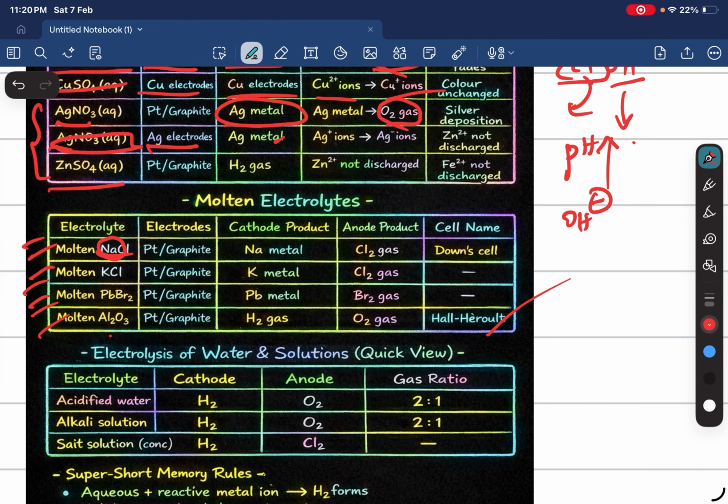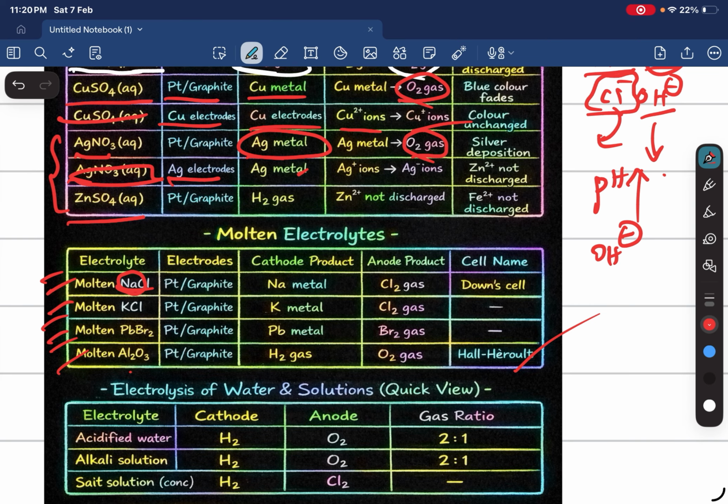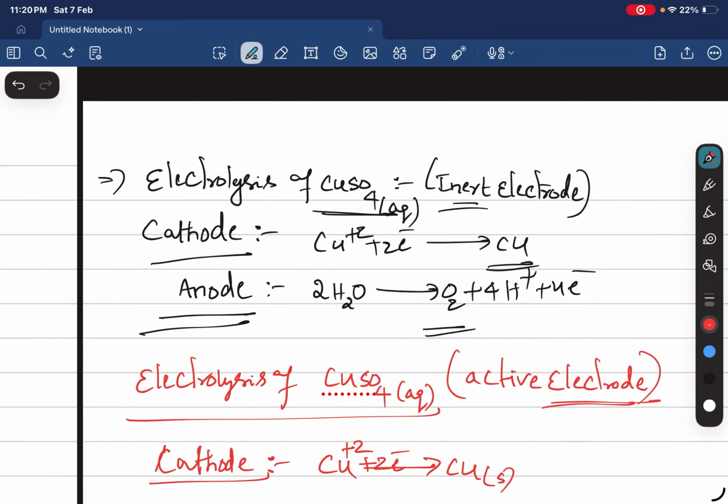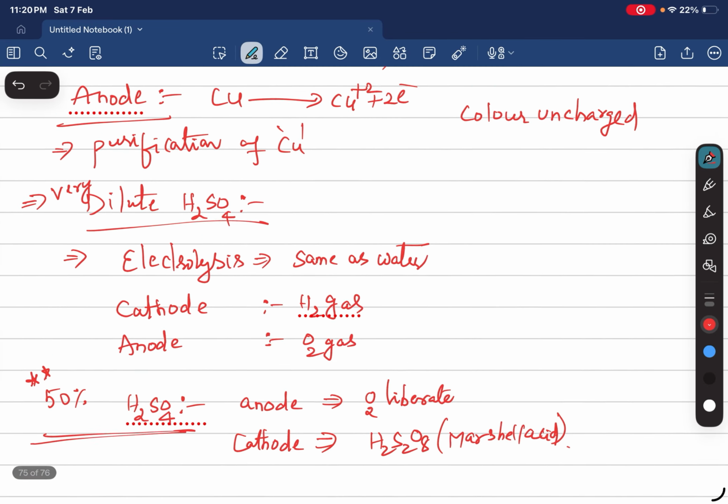These are related, like the ratio of gases formed at anode and cathode. This is overall what the electrolyte is, what the products are, and what the factors affecting the deposition of particular electrolytic ions are. Hope it is clear, students. So this is the overall content of everything here.